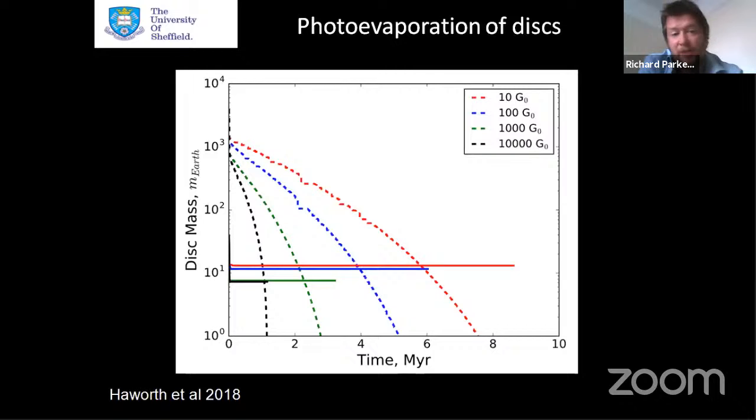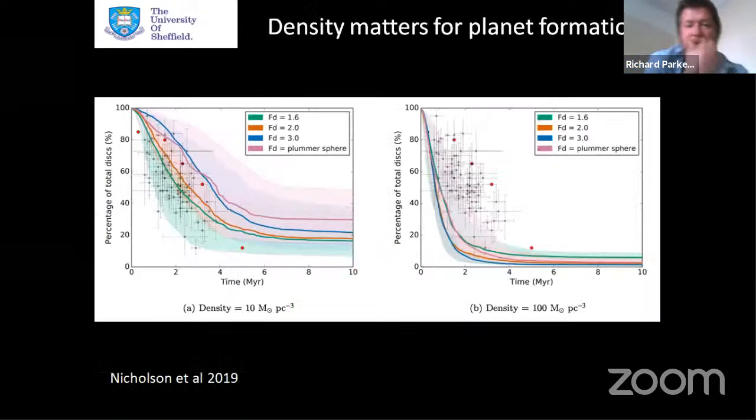And in this plot, Tom is showing that the gas content of the disks is destroyed very rapidly. The dust content of the disk, some of it is evaporated, but most of it stays where it is. And so we took Tom's models and put them in our n-body simulations.